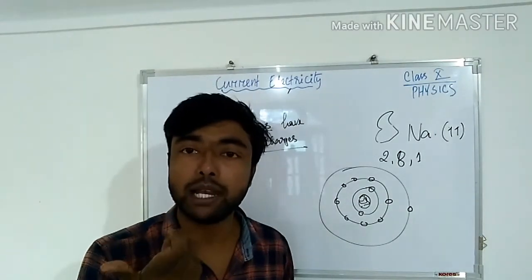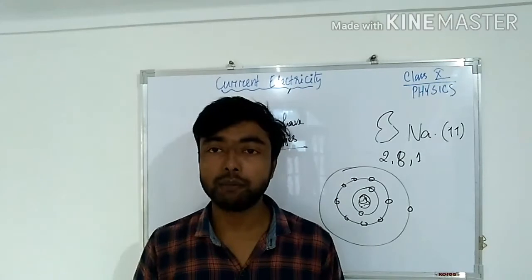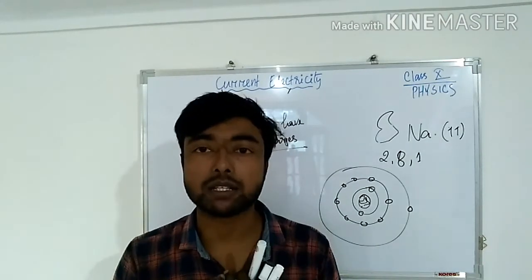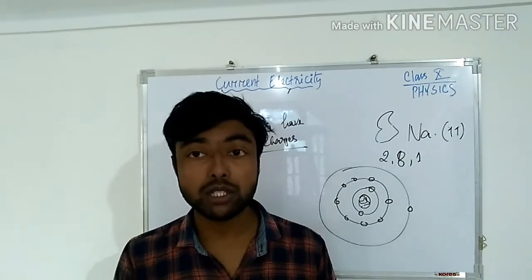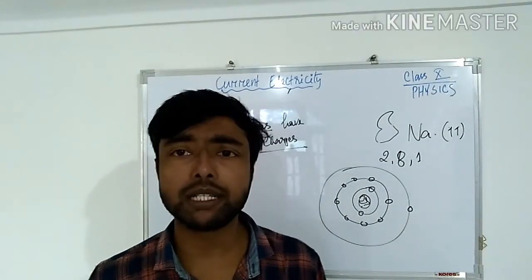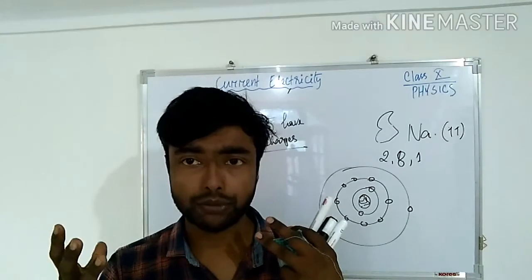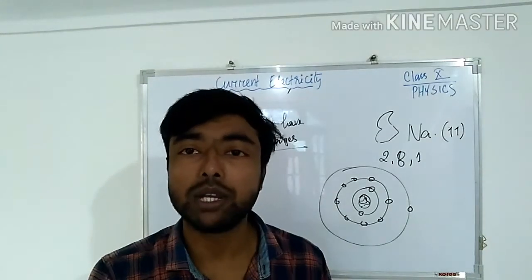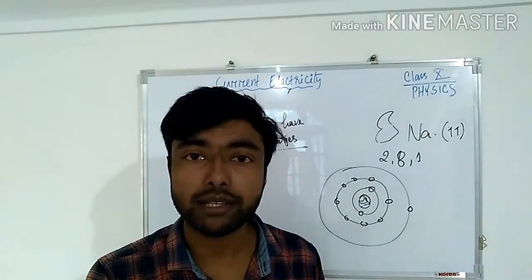Now what do you mean by elementary particles? Elementary particles are the primary particles by which your material is constructed, of which your material is made up. Your material is made up of nucleus, electrons, like that only.